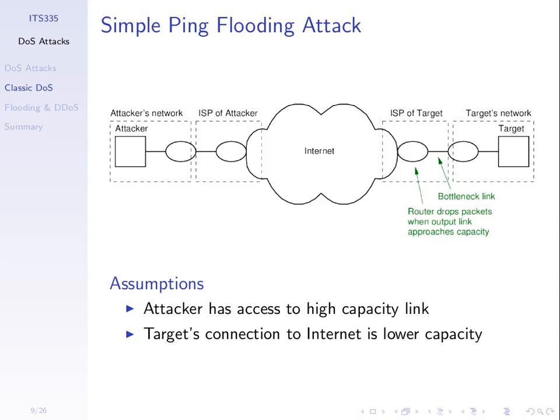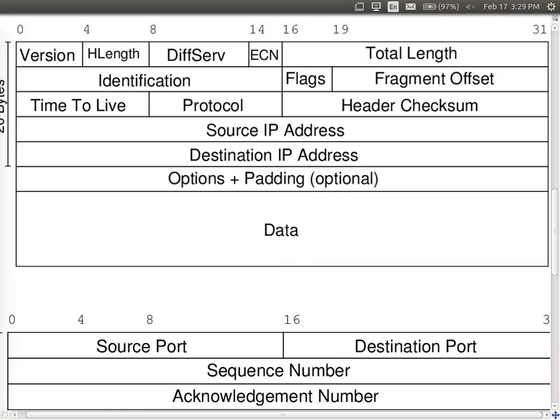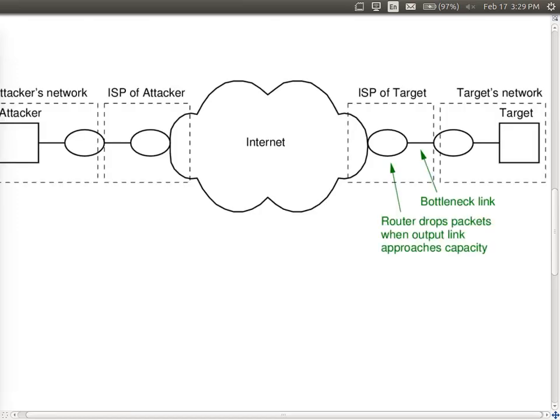If we want to put some numbers to that, let's say, just for this initial case, that this link supports, say, 100 megabits per second.